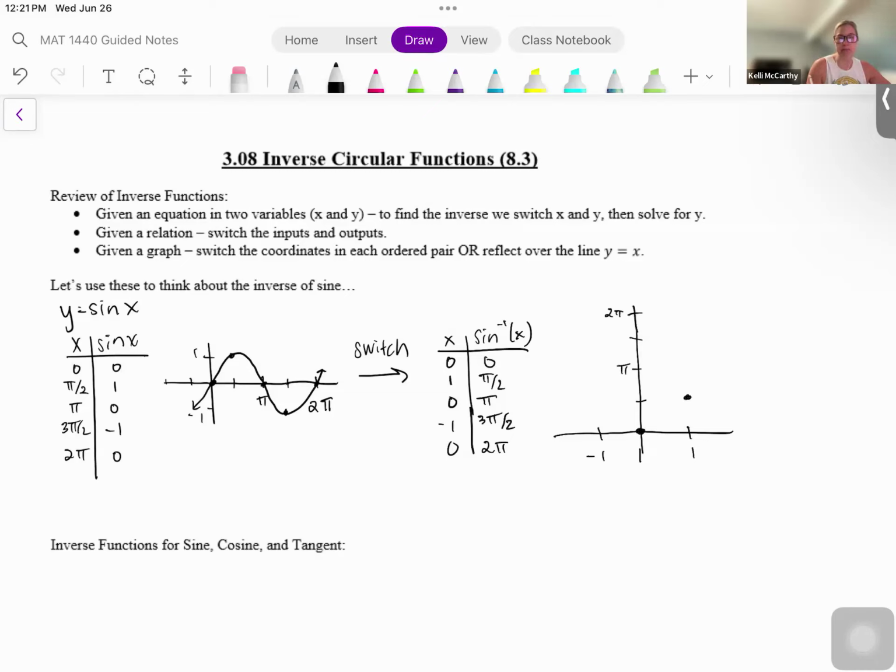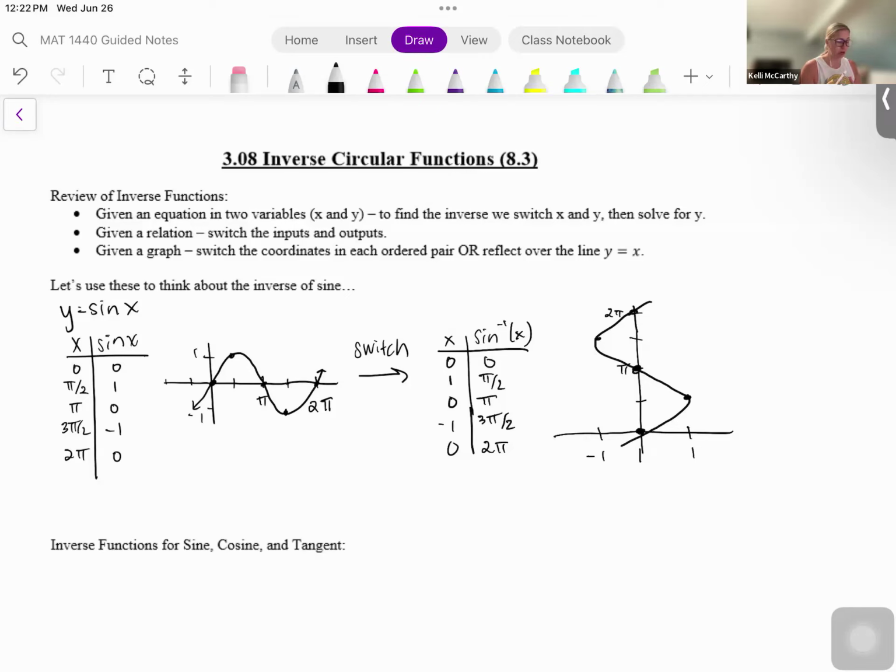So that's going to be a point in that first quadrant. Then we have another point, 0 and pi. Then -1, 3 pi over 2. Then 0, 2 pi. So if we start connecting those points, it should be a little bit more curved, but it's harder to do that. What we notice is that even if this weren't to continue, this graph now fails the vertical line test. So it's no longer a function.